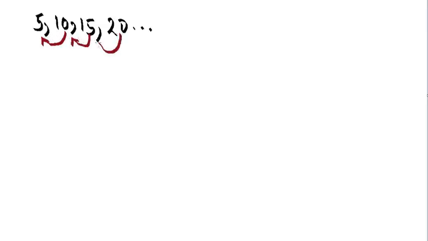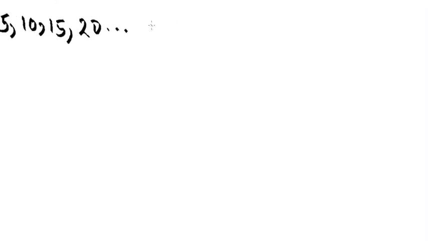If I have a linear sequence, let's say 5, 10, 15, 20, this is a linear sequence because we have a common difference. 10 minus 5 is 5, 15 minus 10 is 5, 20 minus 15 is 5. Once there is a common difference, we can call it a linear sequence.